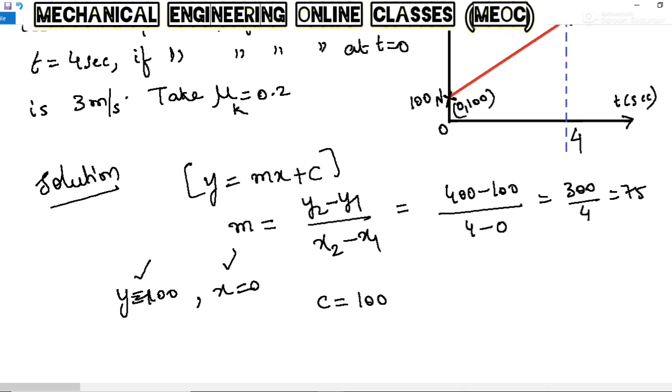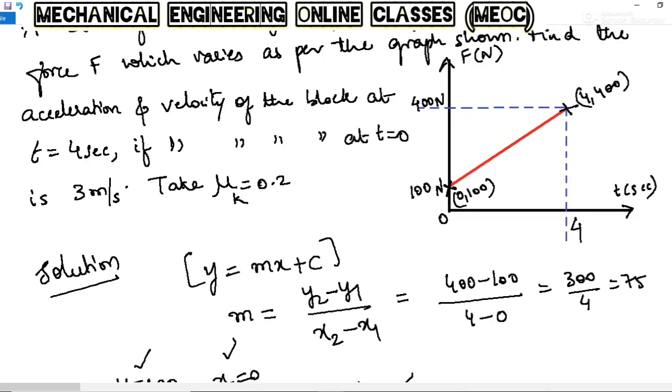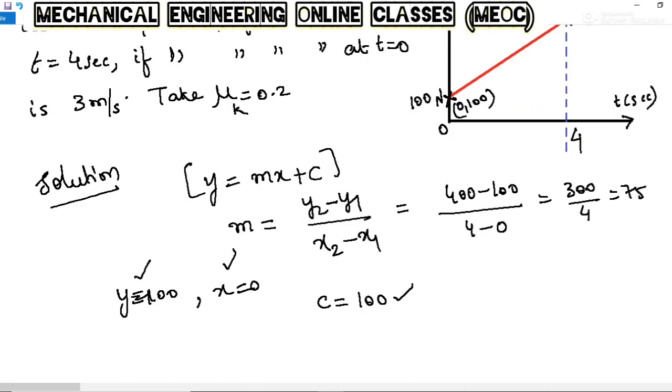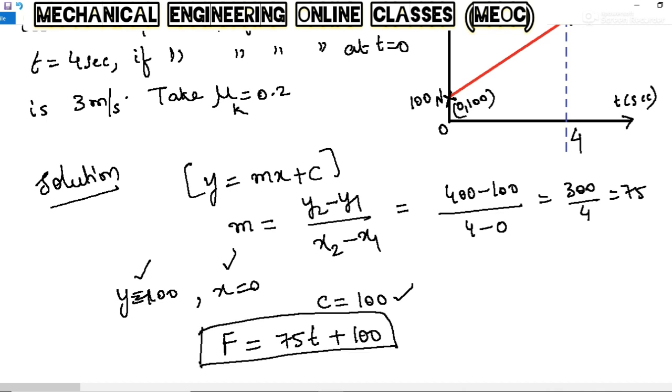So c will be 100. Now, along y is the force given in Newton. So y is equal to mx plus c. Y is F, m is 75, and along x is t, time in seconds. So F equals 75 t plus 100. This is the equation of force in terms of t from the given graph.